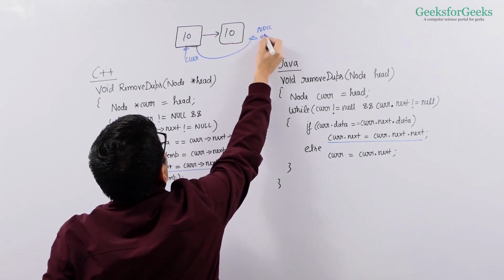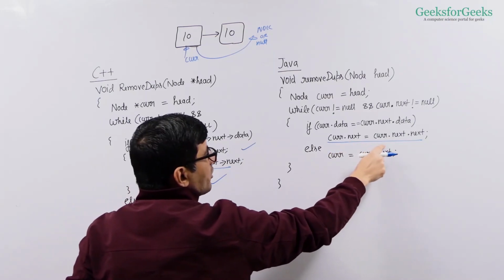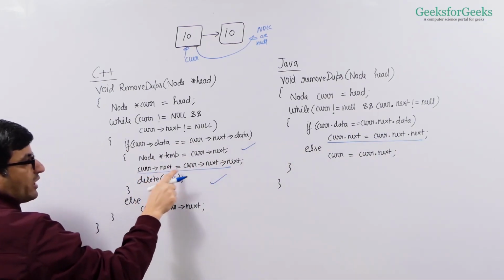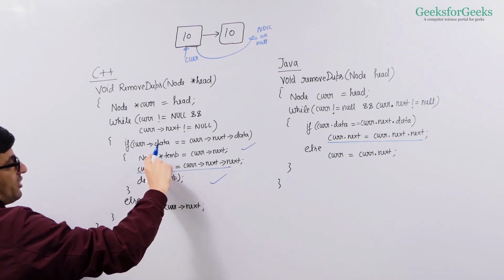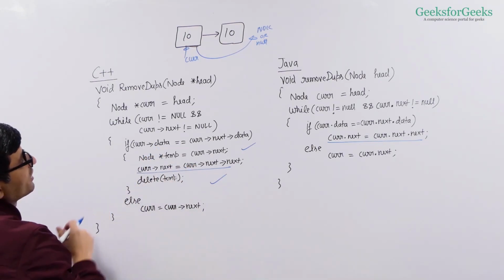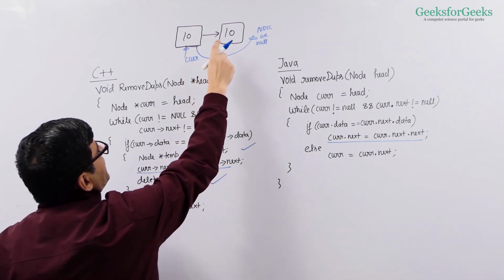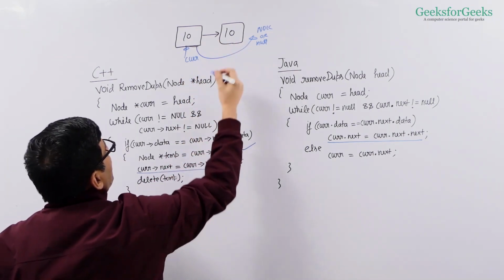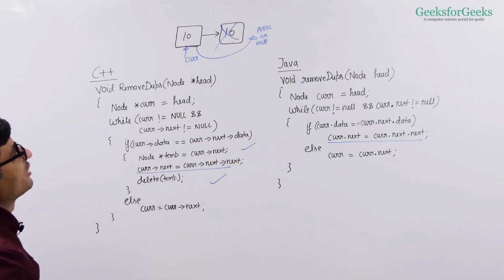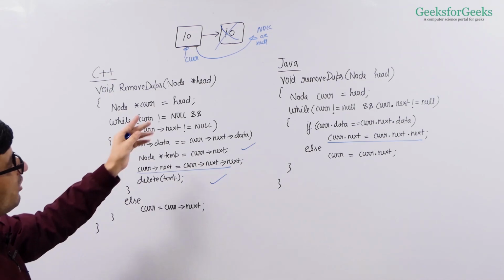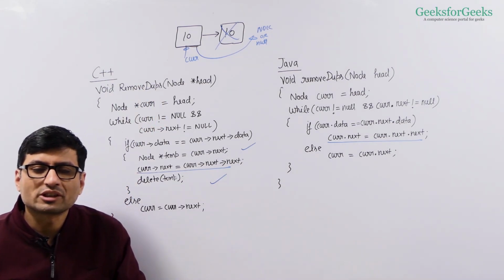And how do we do this? We do current.next equal to current.next.next. See, these two lines are only to make sure that there is no memory leak. This is the main logic. So after you do this, your current remains here and its next changes to this thing. And if you're programming in C++, then this memory is also deallocated by these two lines. So your linked list is modified, your next is appropriately set, and this implementation works for this as well.